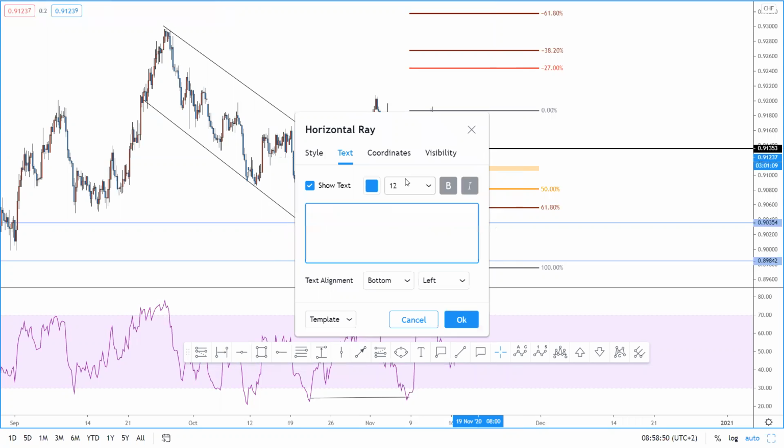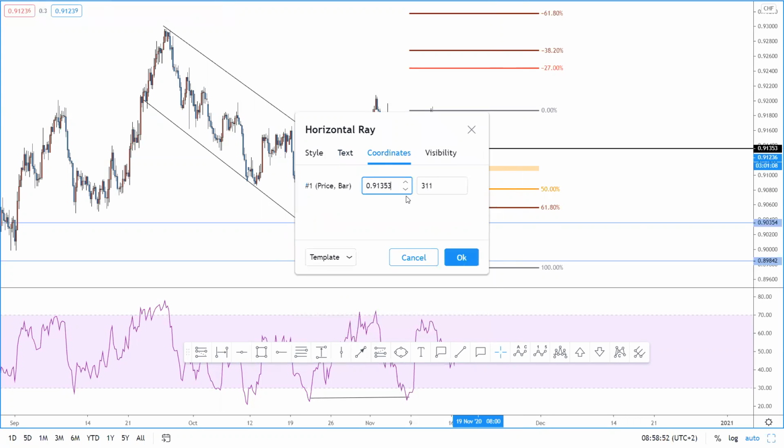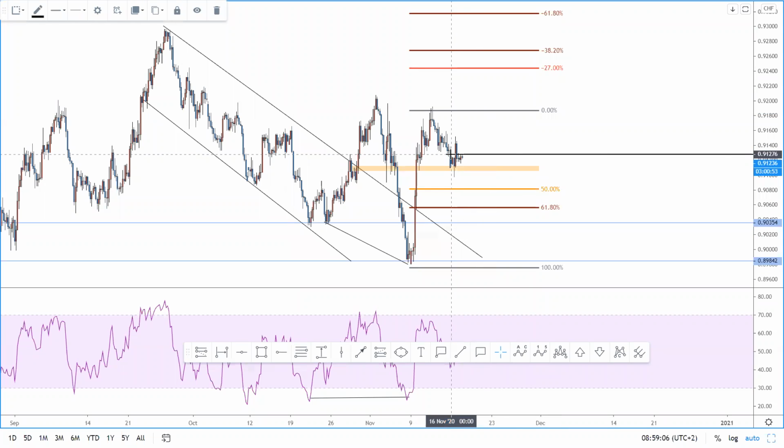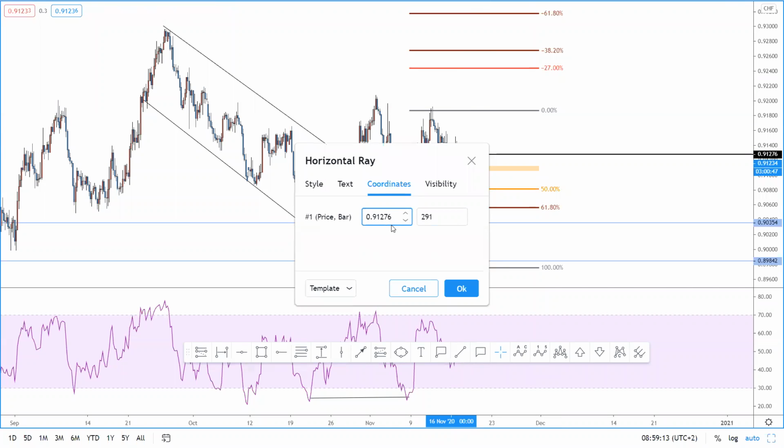So let's look at the current psychological level of USD/CHF on an intraday, say 20. Yeah, somewhere just above. This is going to be a good opportunity if the market breaks out as it did yesterday.